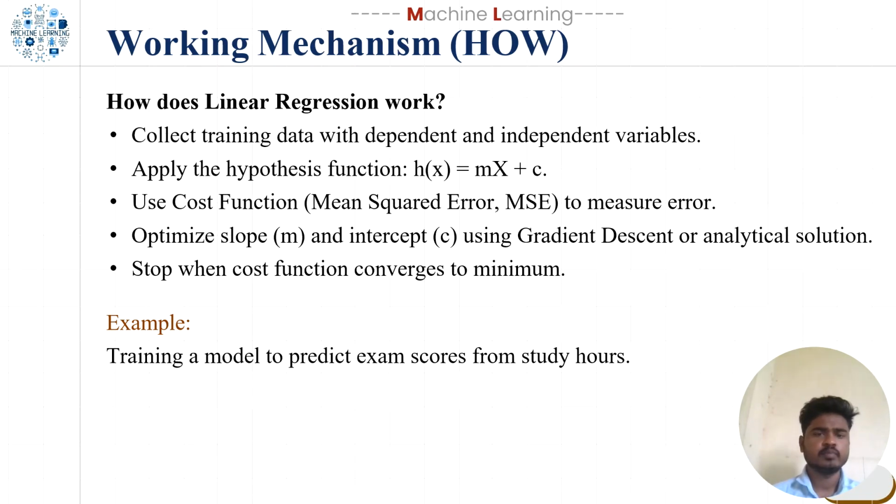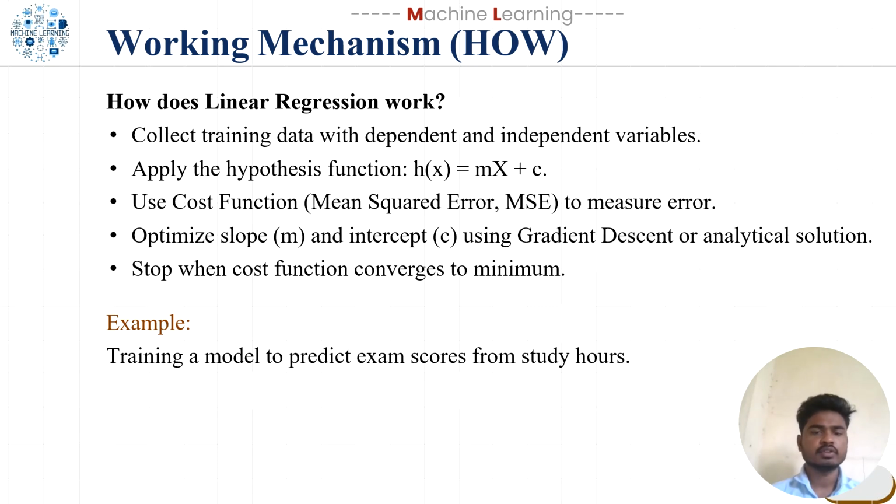Working mechanism. How linear regression works. Step 1: Collect the training data set of x and y. Step 2: Assume the hypothesis h(x) equals m times x plus c. Step 3: Measure the error using mean squared error, MSE.